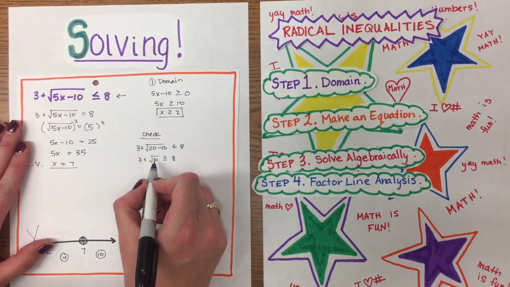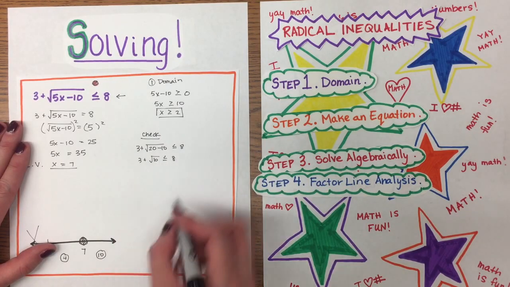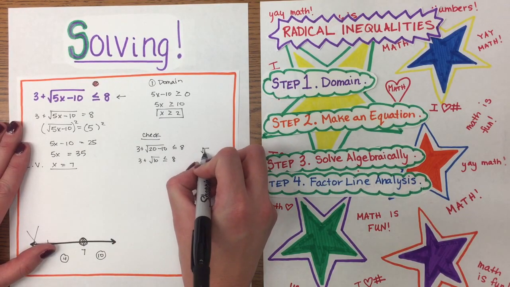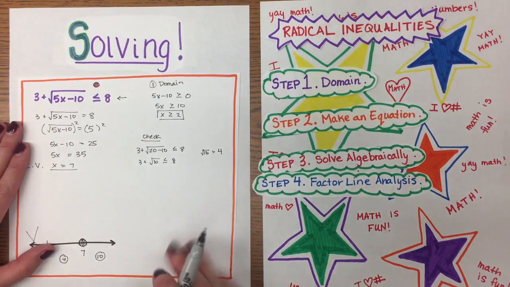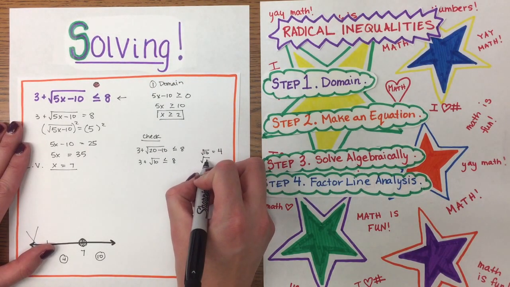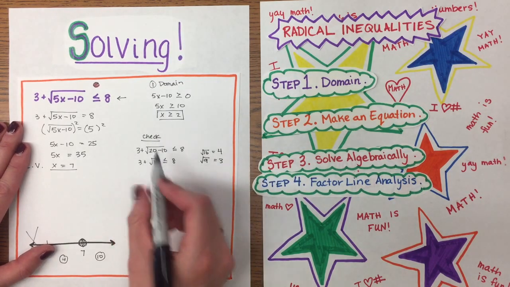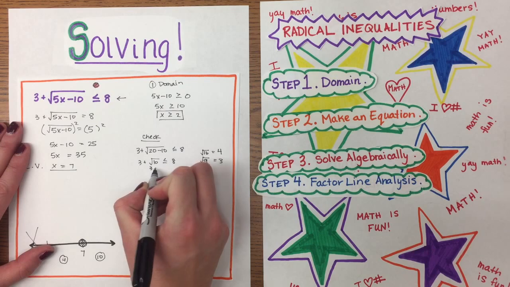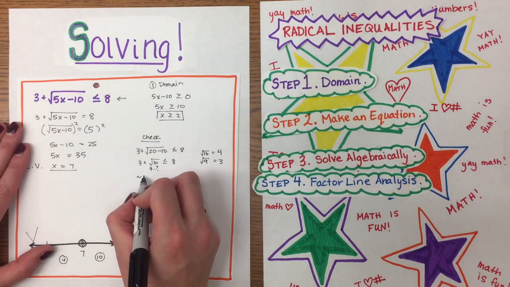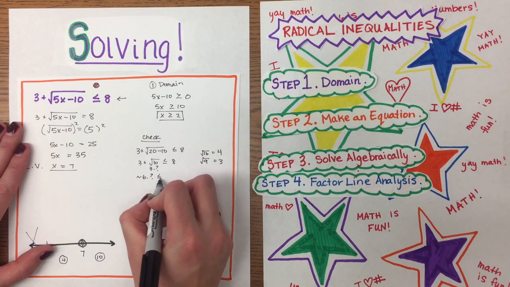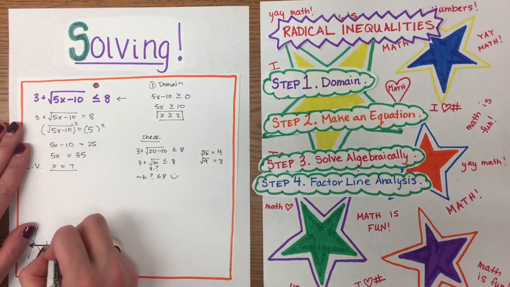To figure out what the square root of 10 is, I want to think, what square roots do I know that are near 10? I know the square root of 16 is 4, so this number can't quite be 4. And I know that the square root of 9 is 3, so this number is bigger than 3. So this number is going to be 3 point something. 3 plus 3 point something is about 6 point something. 6 point something is less than or equal to 8.